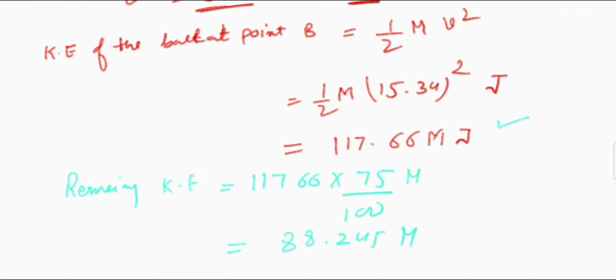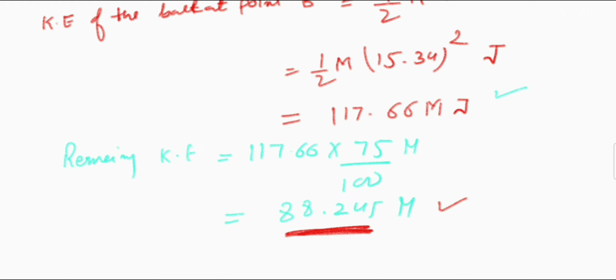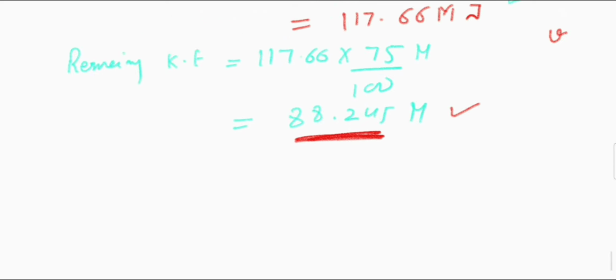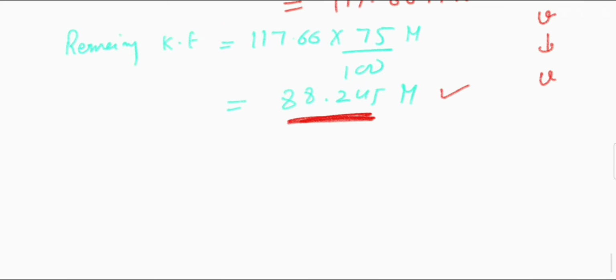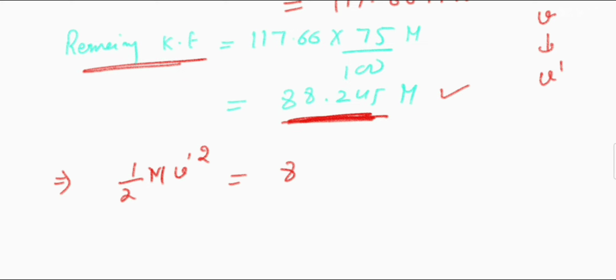If we solve this, we'll get 88.245 m. This means that the velocity at this moment is not equal to v; it has reduced. So let me take this velocity as v prime. We can write this kinetic energy as half m v prime square, and this is equal to 88.245 m.